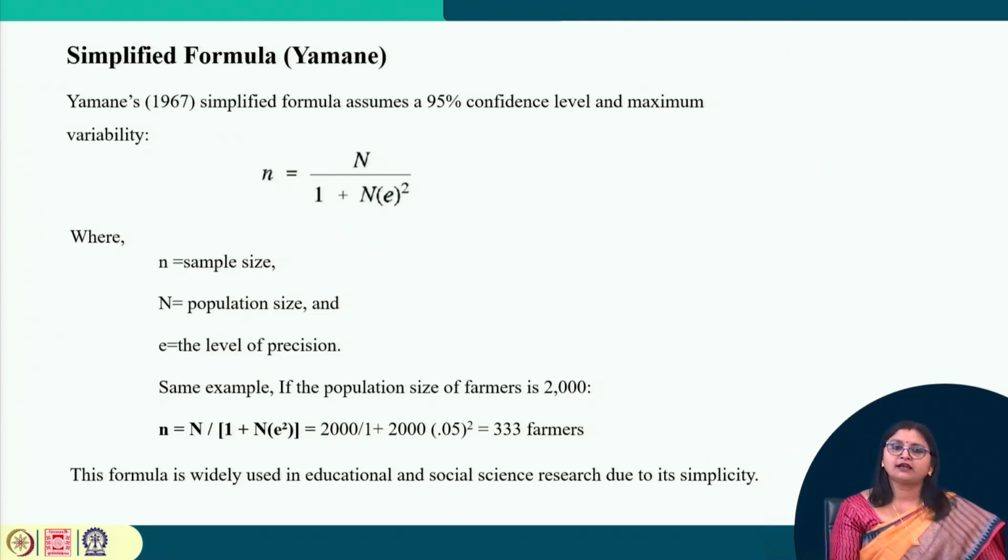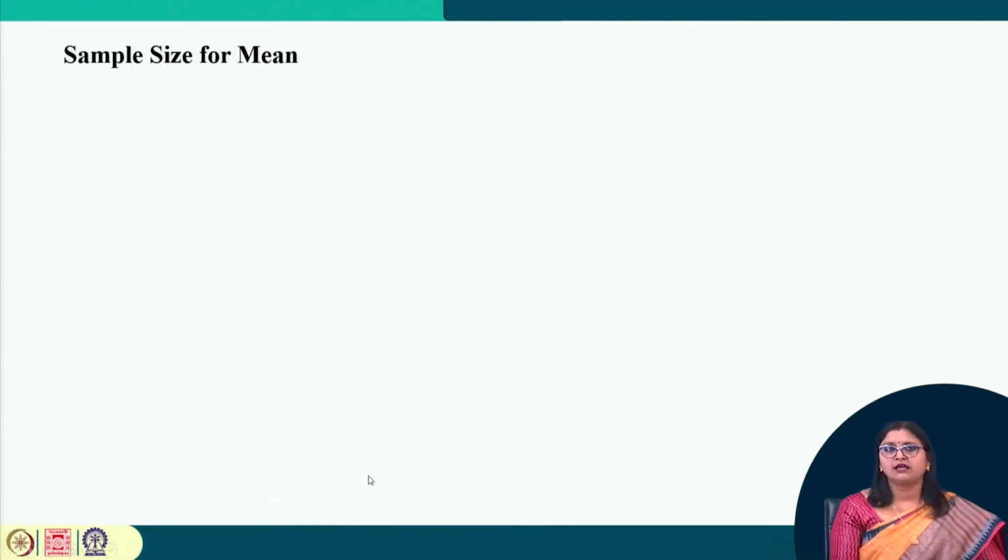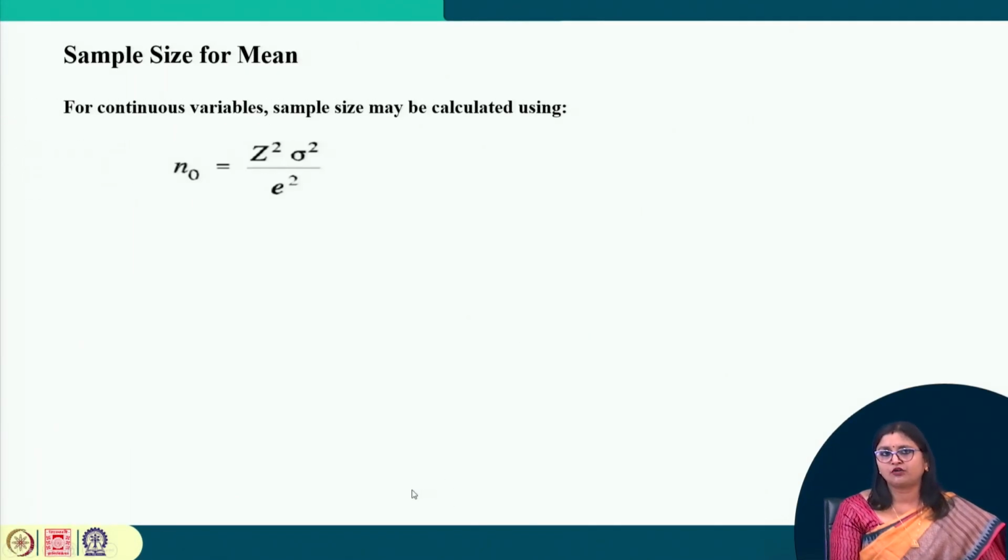This formula is widely used in educational and social science research due to its simplicity. If we go by the sample size for the mean, there is another formula for continuous variables.